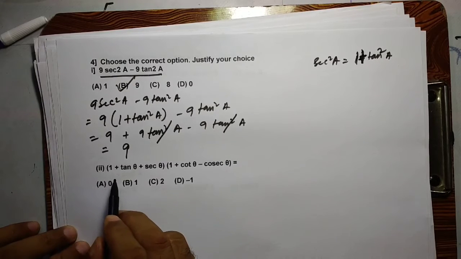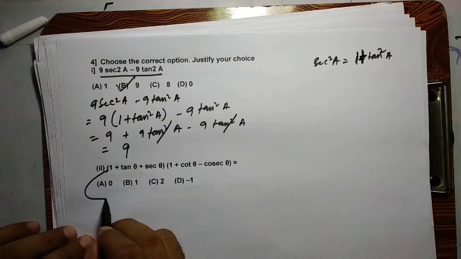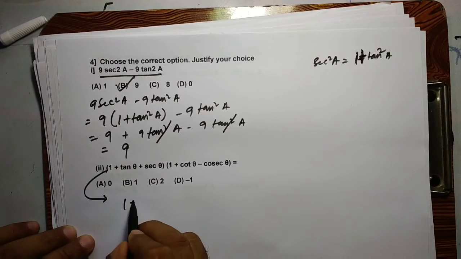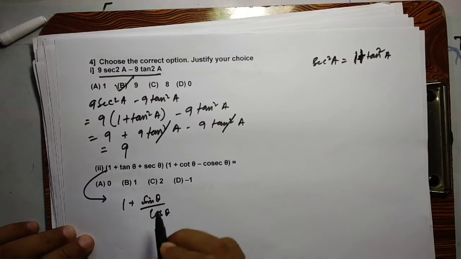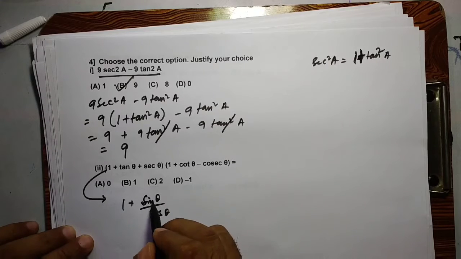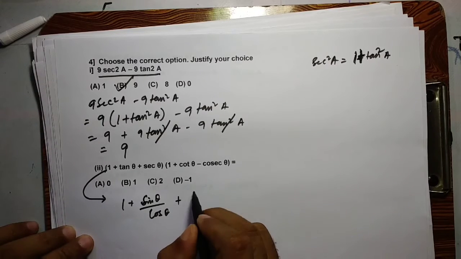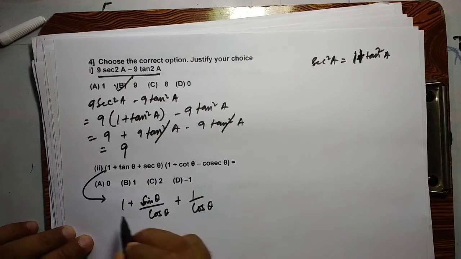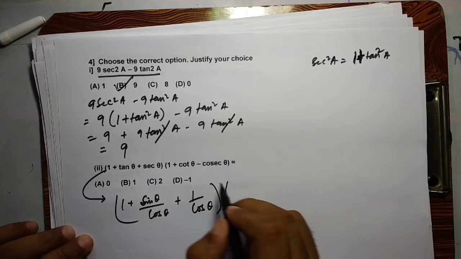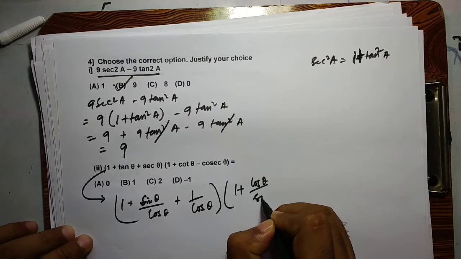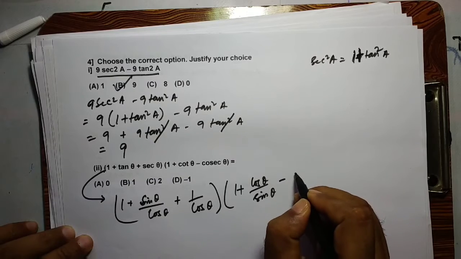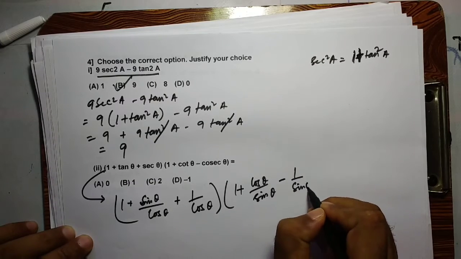So from here, 1 plus sin theta over cos theta. You know tan theta is sin theta by cos theta, and sec theta is 1 upon cos theta, right? And this is all into 1 plus cot theta, cos theta upon sin theta, minus cosec theta, which is 1 upon sin theta.